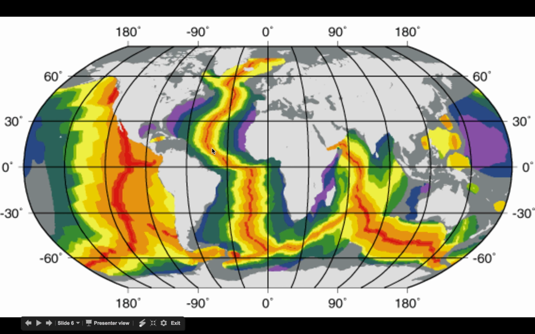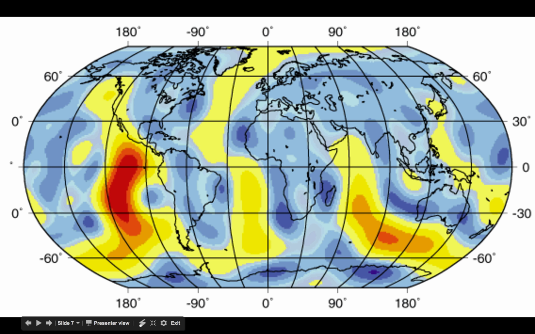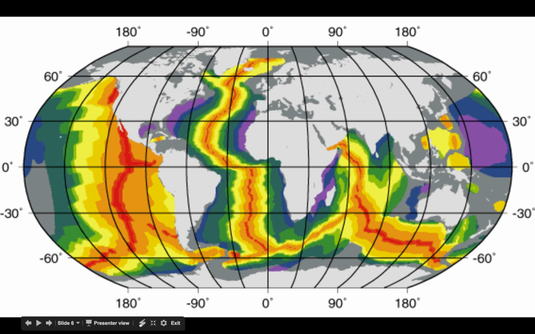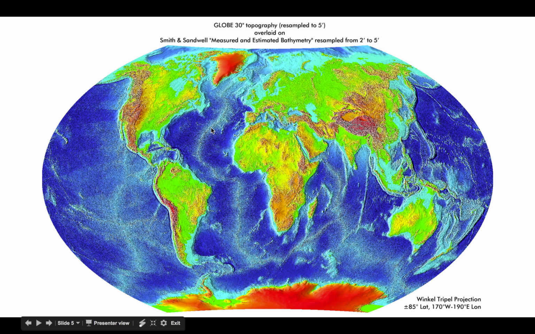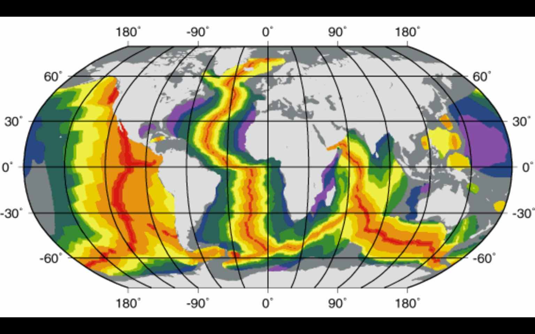So another line of evidence is if you look where these ridges are, and then you look at the magnetic direction of iron grains. So Earth has a magnetic field, so anytime magma forms, iron within those rocks will orient according to Earth's magnetic field. And Earth's magnetic field goes through a number of reversals.